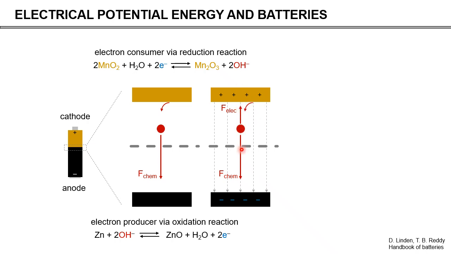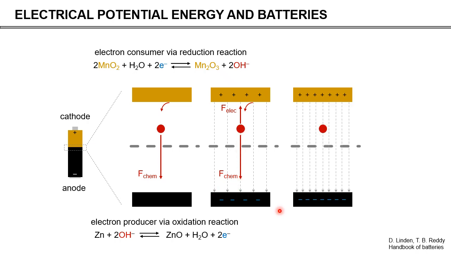At this point in time, the chemical force is still larger, so the hydroxyl still moves to the anode side, leading to a larger and larger excess of electrons and making the electric field in between the plates stronger and stronger.